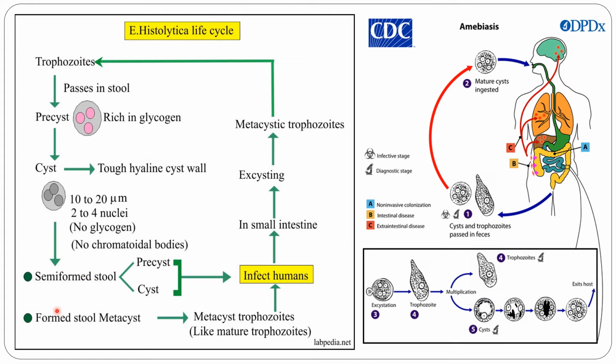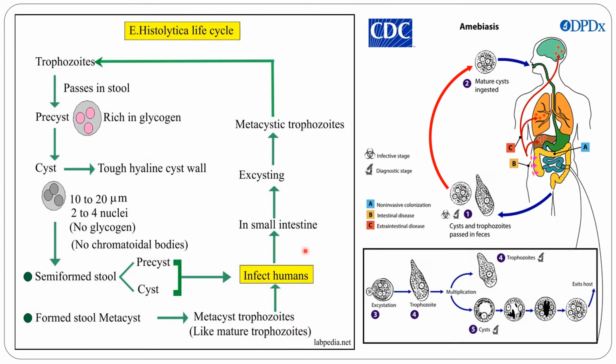Now this cyst, if it is in semi-formed stool, forms a pre-cyst or cyst and it directly infects humans. If it is in formed stool, then the metacyst, like mature trophozoites, again infects the human.